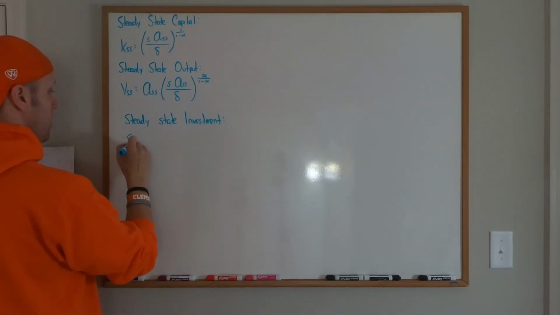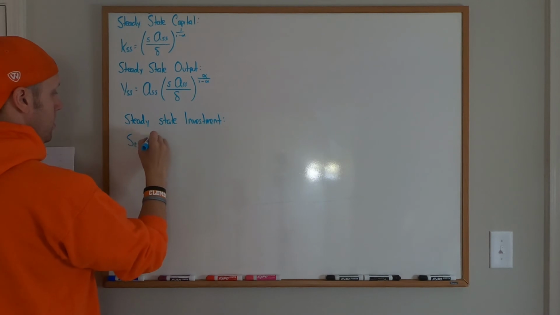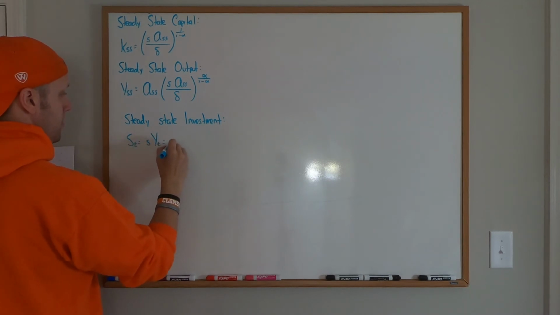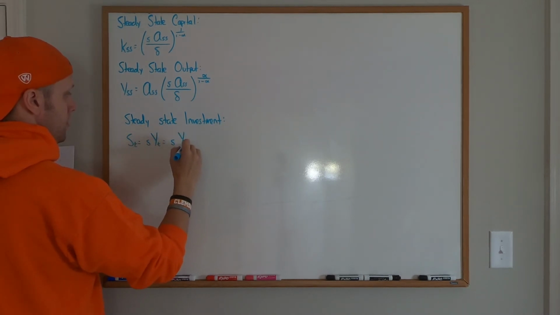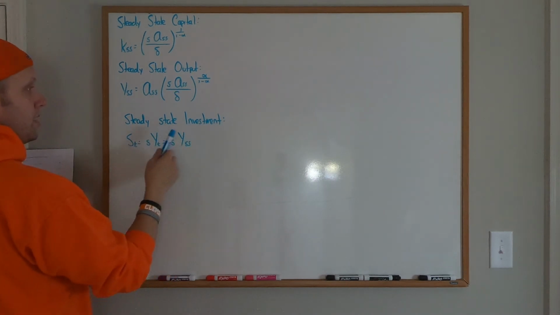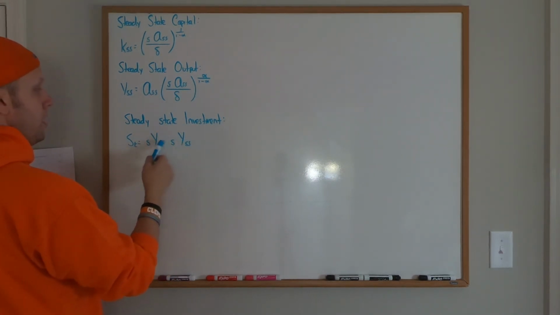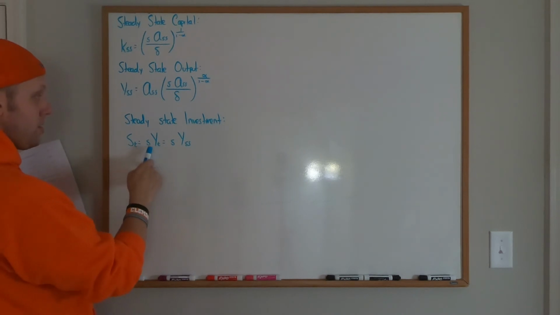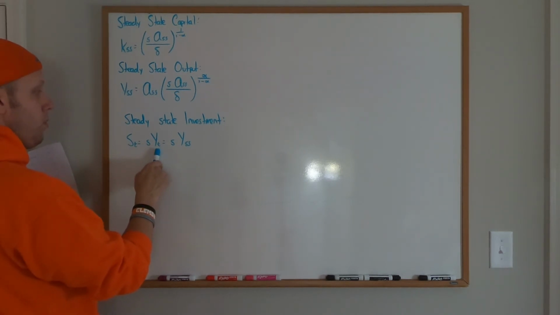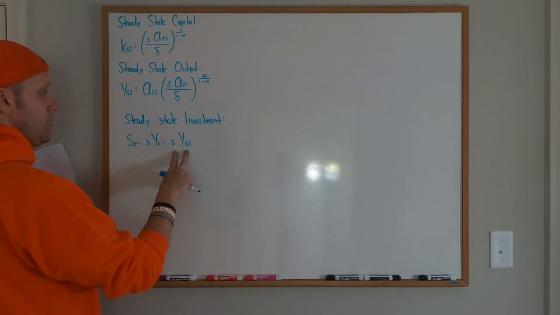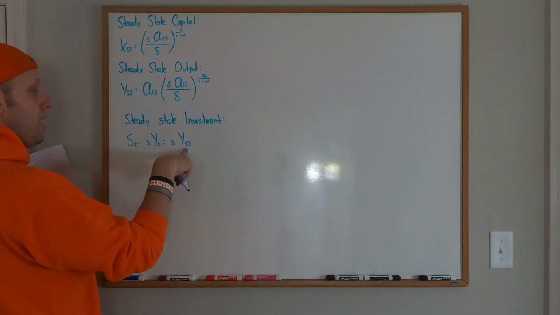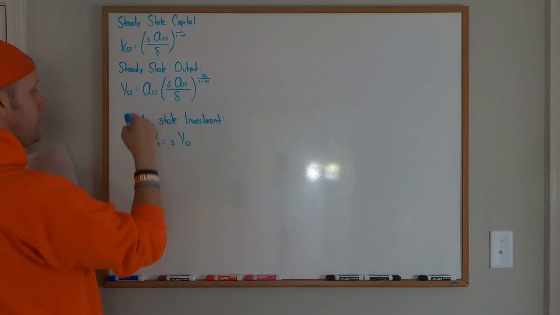You remember, steady state investment would be equal to steady state savings, which is just S times Y, S times YSS, savings times steady state output. Well, I already know what steady state output is.